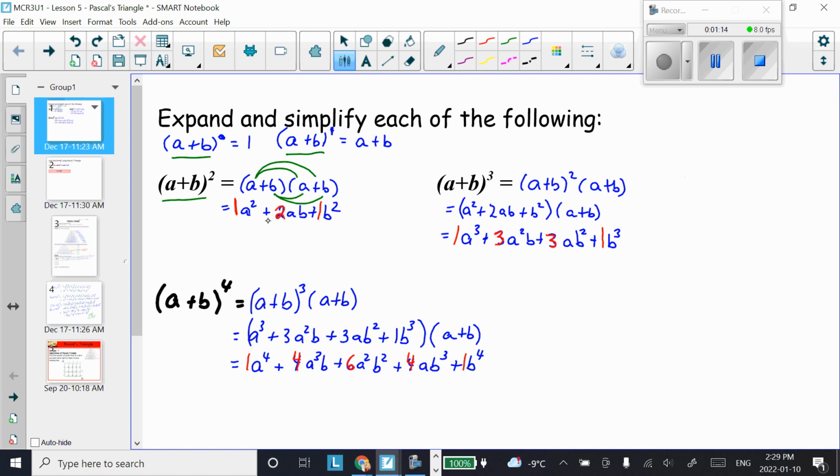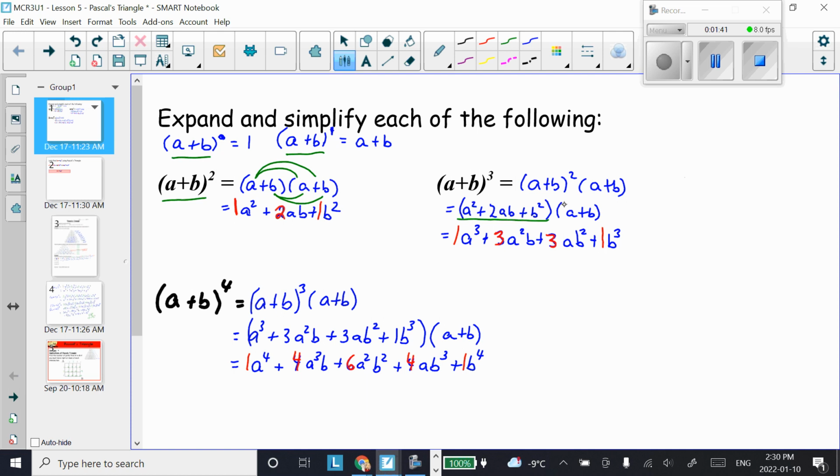And if you wanted to do a plus b cubed, essentially that is a plus b squared times a plus b. I have a plus b squared already worked out down here, and now we're going to multiply these three terms by a plus b. The same way that you would multiply two binomials, you take every term in the first bracket and multiply it by everything in the second bracket.